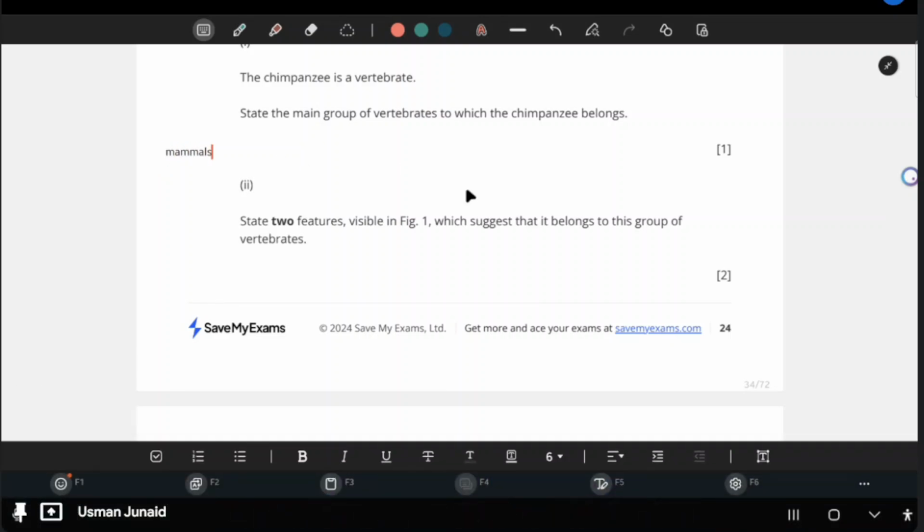State two features visible in the figure which suggest that it belongs to this group.